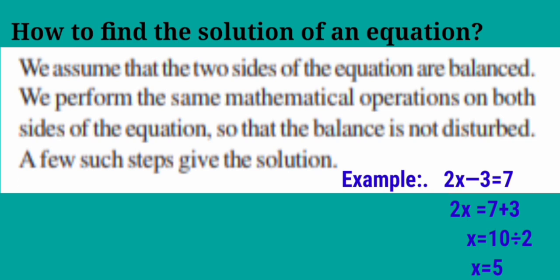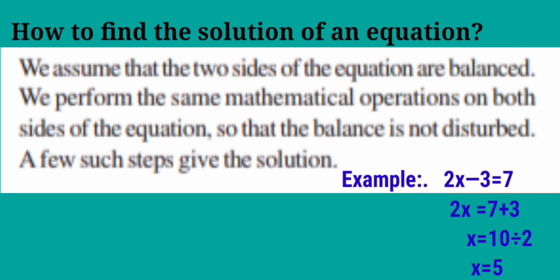Mathematical operations mean addition, subtraction, multiplication and division, and always keep this in mind that whenever things are transposed from one side to another side, positive goes to negative, negative goes to positive, multiplication goes to division and division goes to multiplication.